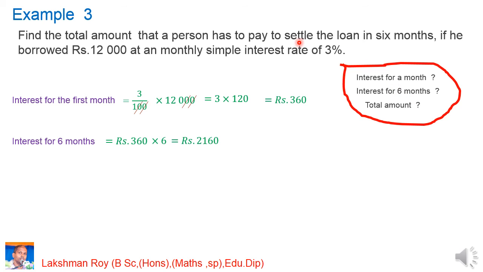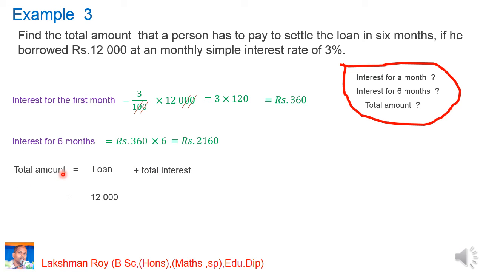Now, to settle the loan, students, they ask for the total amount. Total amount means after 6 months he should pay the loan, the borrowed amount, and also the total interest. So the addition of the loan and the total interest is called the total amount.